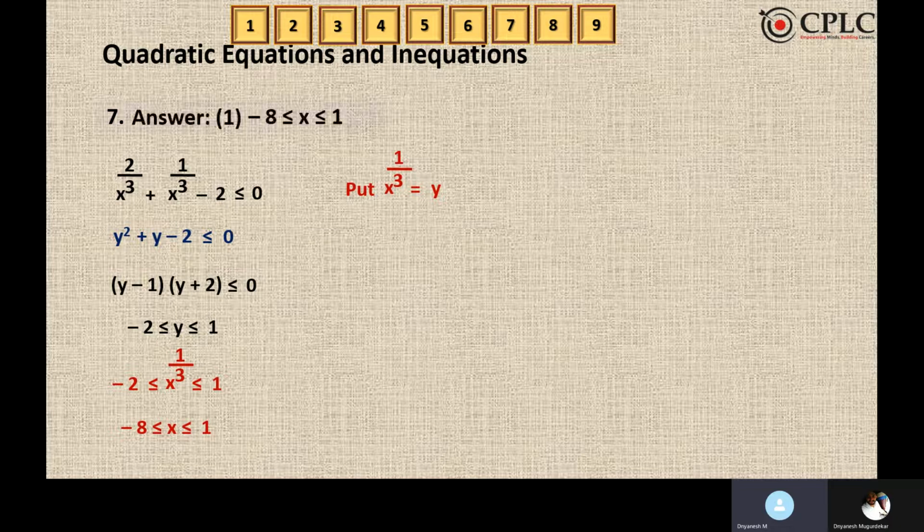So that is the answer, option 1, as the answer for the 7th question. So with a fractional power, substitute or replace it by some other variable, solve the normal quadratic, and then when you have the answer, resubstitute back and simplify further, and you should get the answer.